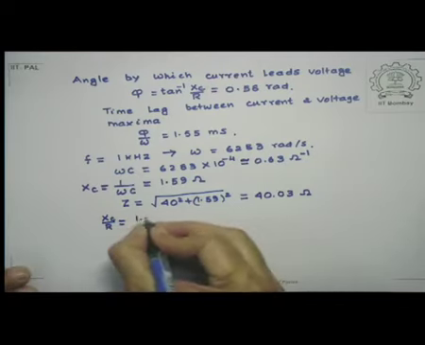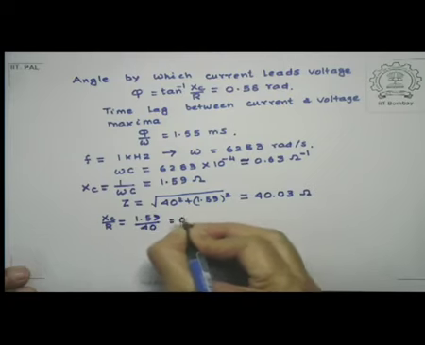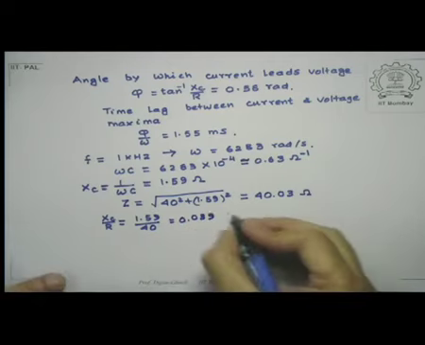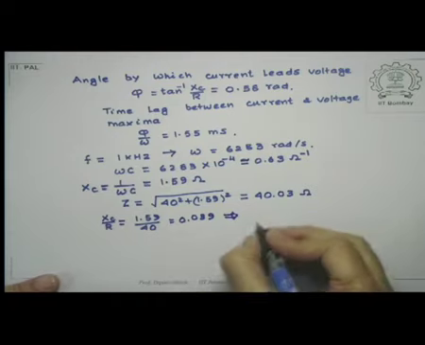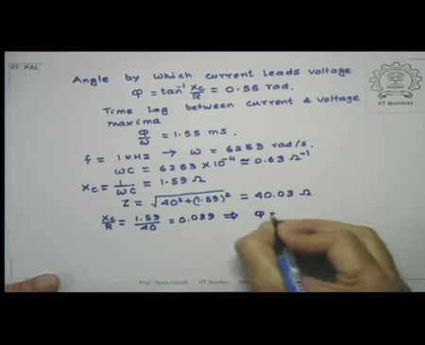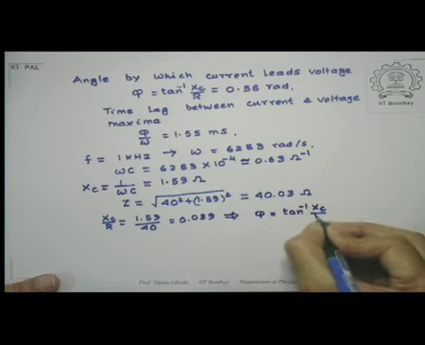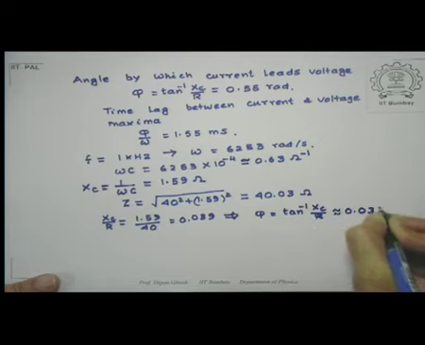So 1.59 divided by 40 is equal to 0.039, and since this number is rather small, the phase phi, which is tan inverse of xc by r, also works out to approximately 0.039 radians.